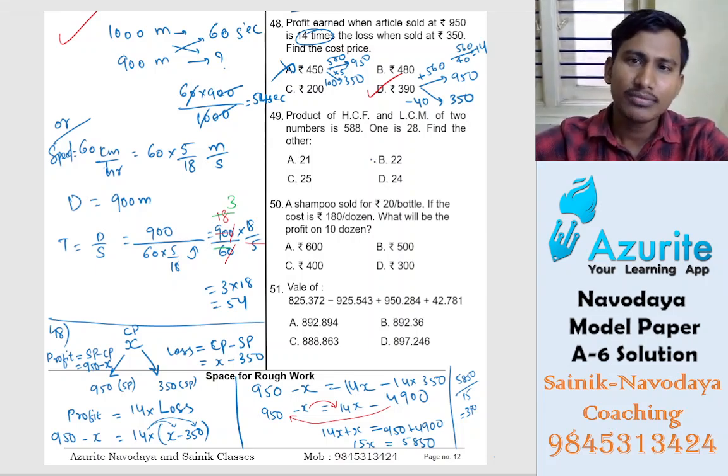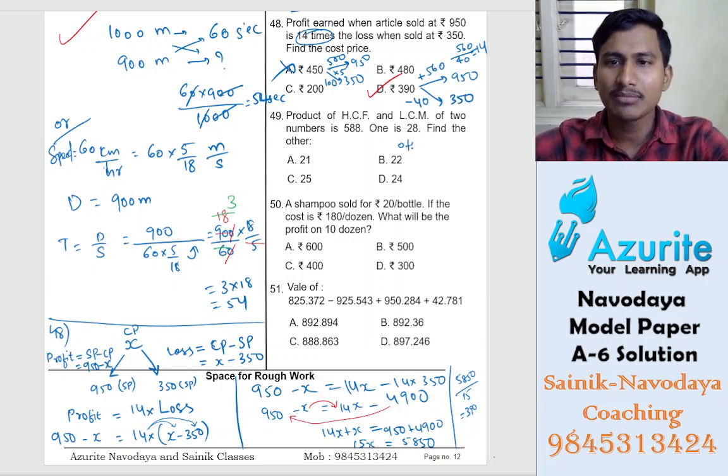How do you find the other number? The other number is equal to the product of HCF into LCM divided by one number, right? So HCF into LCM, product is 588 divided by the other number, 28.